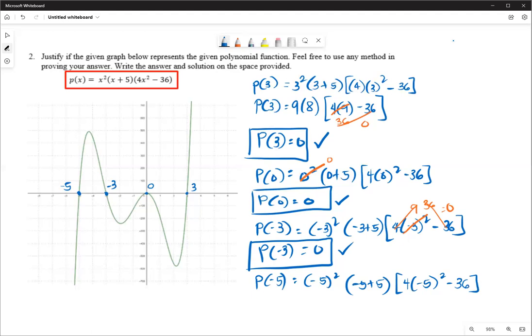Looking at our given, we will see here that -5 plus 5 is equal to 0. And multiplying 0 to the remaining factors of the given polynomial function, we end up with a 0 result as well. So p of -5 is also equal to 0, which also verifies that it is a zero of our given polynomial function.